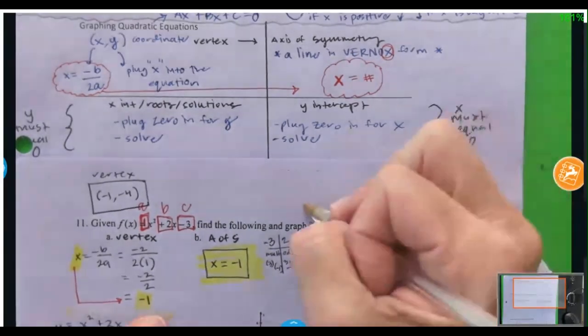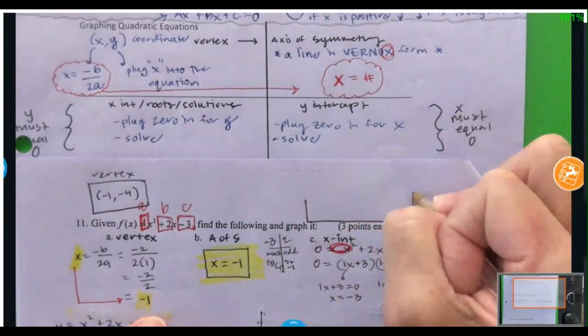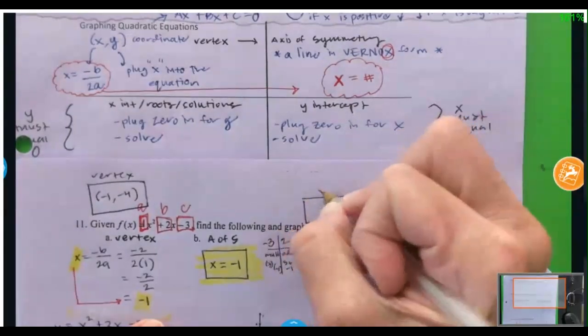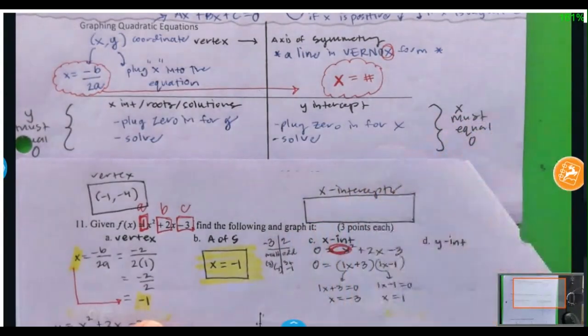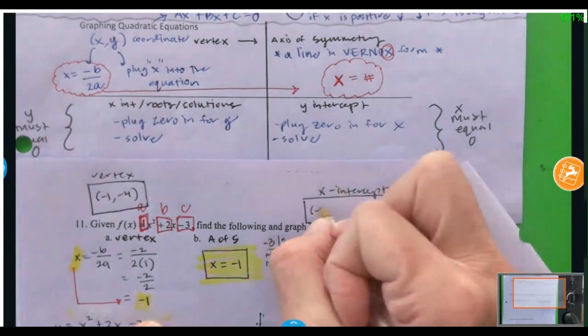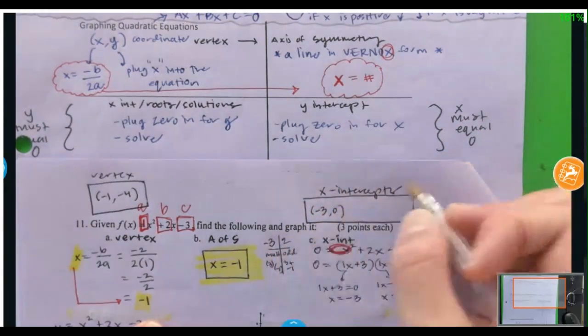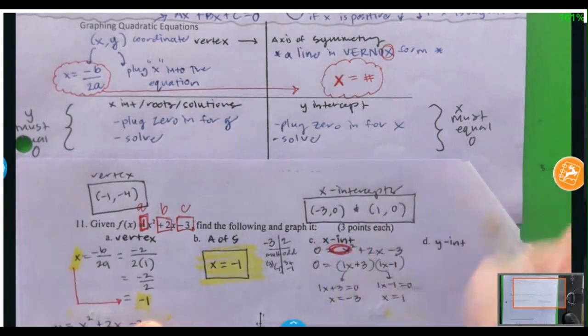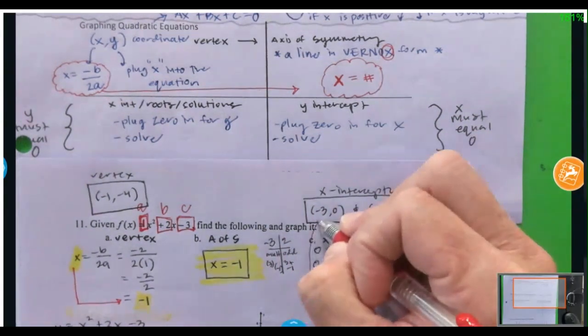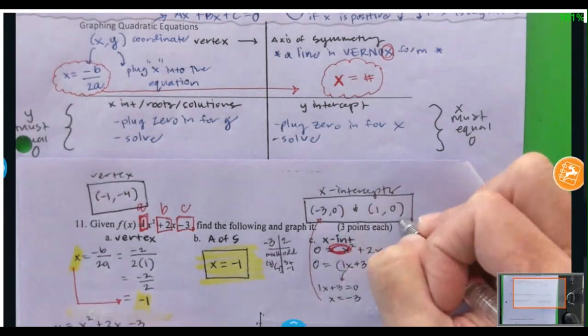Now, those are not the x-intercepts because we have to write them as an ordered pair. So the x-intercepts are ordered pairs that go through the point -3 in the x position. So the first one's -3, 0, and the other one goes through 1 when y is 0. We have to write these answers as ordered pairs. This is crucial.